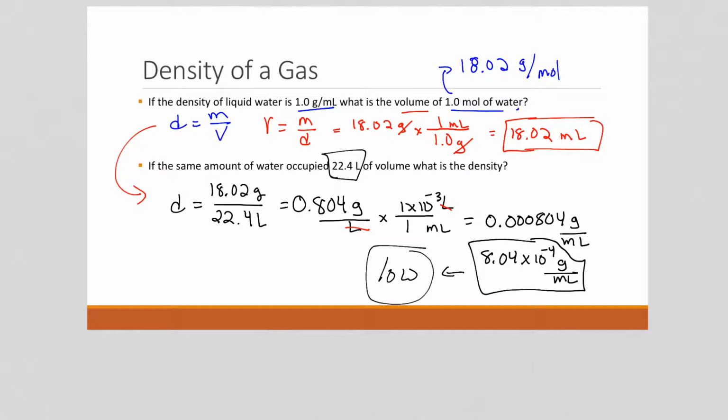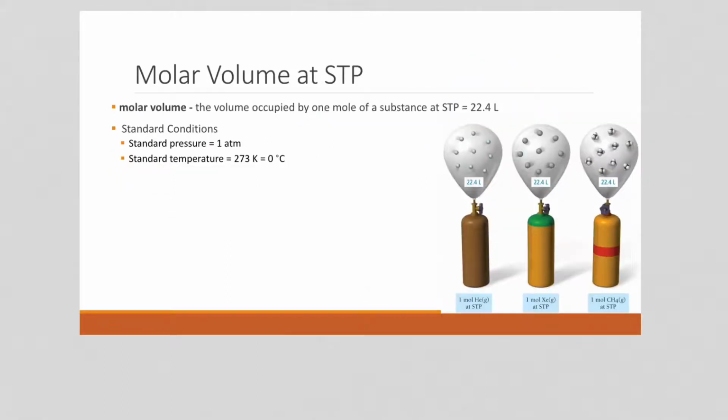Right? So if this water were to evaporate into a gas, it would expand to occupy 22.4 liters. So the 22.4 liters is what we call the molar volume of a gas. So the molar volume is the volume occupied by 1 mole. Now, we're just going to say we're dealing with gases, so we're going to specify the volume occupied by 1 mole of a gas at STP is 22.4 liters.